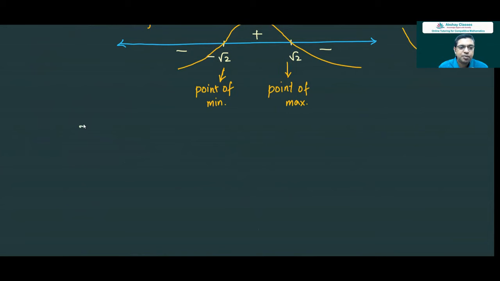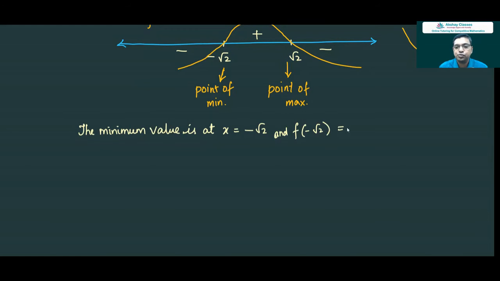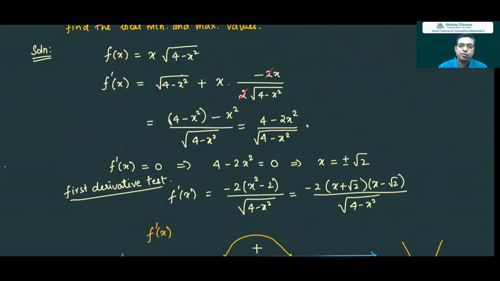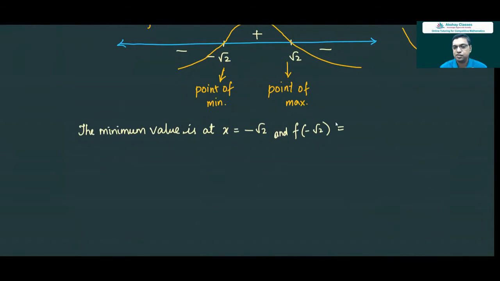So the minimum value is at x equal to -2, and the minimum value is f of -2 is x into under root of 4 minus x square. So x is -2 in under root of 4 minus under root 2 whole square.